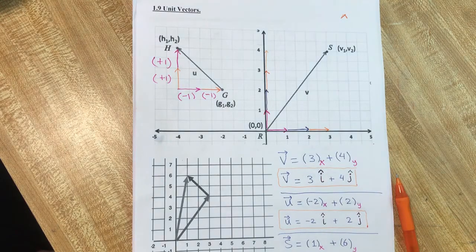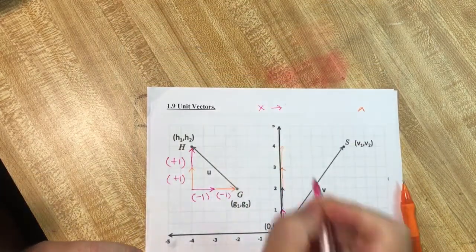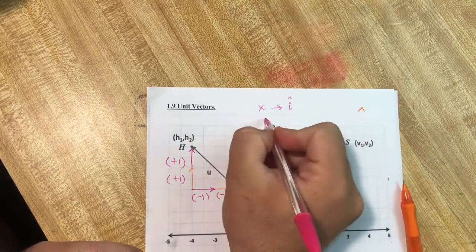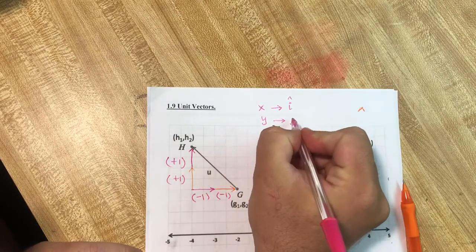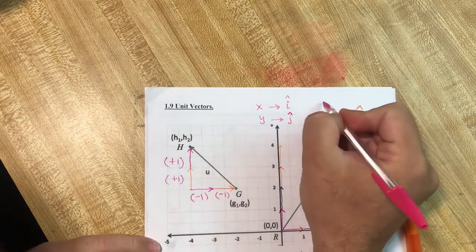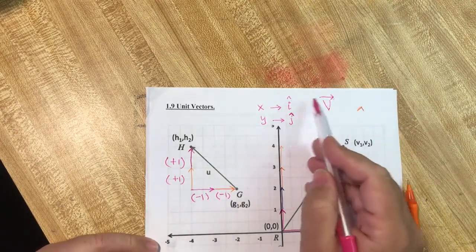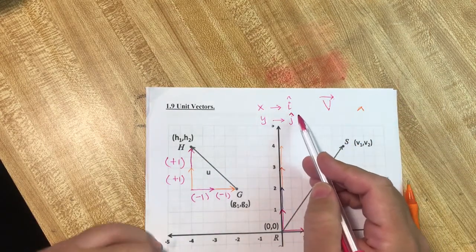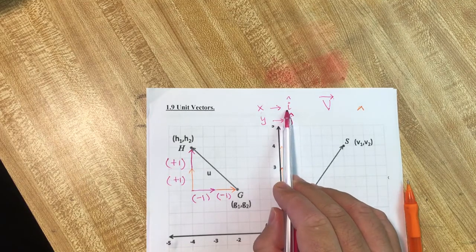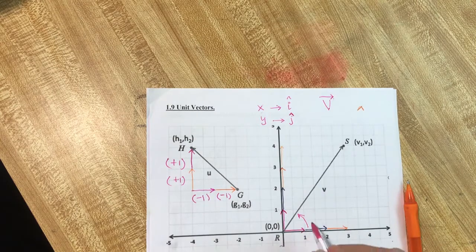In this notation, we take i hat to denote the x direction unit vector. For the y direction we will use j hat. For a vector v we will use an arrow to denote a vector. This hat is a vector, but it is a special vector which has a length of just 1 and it is directed along the x direction, with an angle of 0 with the x direction.